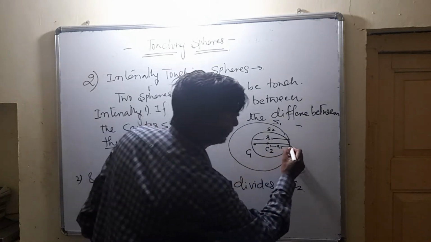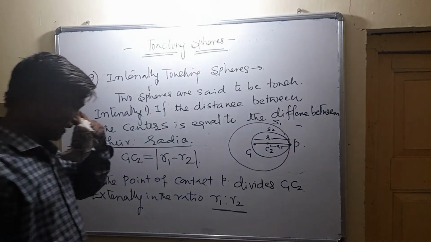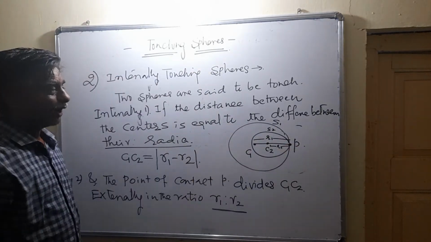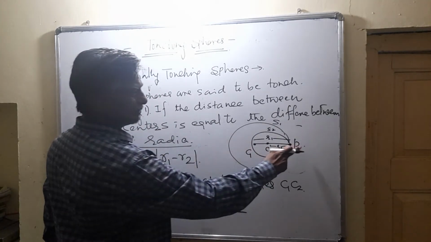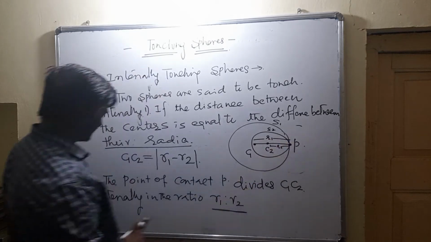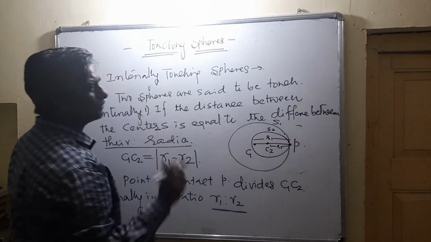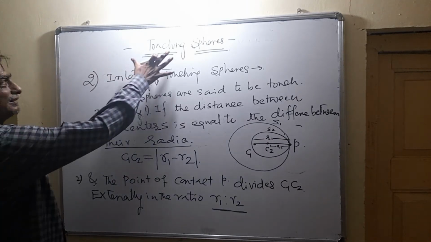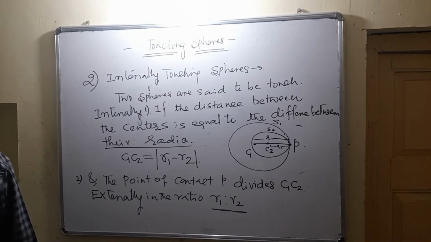The point of contact P is outside the centers of the spheres. P is outside, that is why externally in the ratio R1 is to R2. This is regarding the definition of touching spheres.